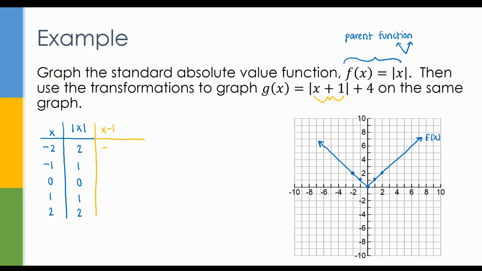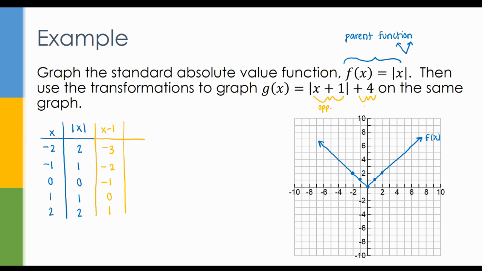So I'm taking -2 minus 1, I'll have -3. -1 minus 1 is -2. 0 minus 1 is -1. 1 minus 1 is 0. 2 minus 1 is 1. So I know those are going to be the x values of my new ordered pair. So we think the opposite anytime we have a number that is connected to the x.